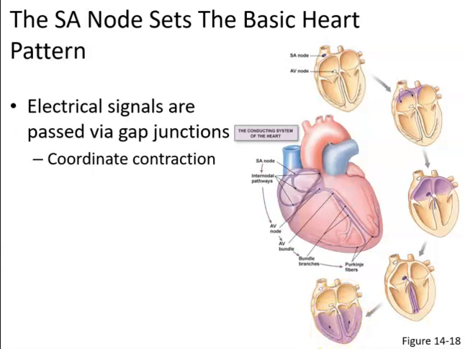So this allows for depolarization to occur from the bottom of the ventricles to pump up, allowing blood to pump from the ventricles and then through the semilunar valves.